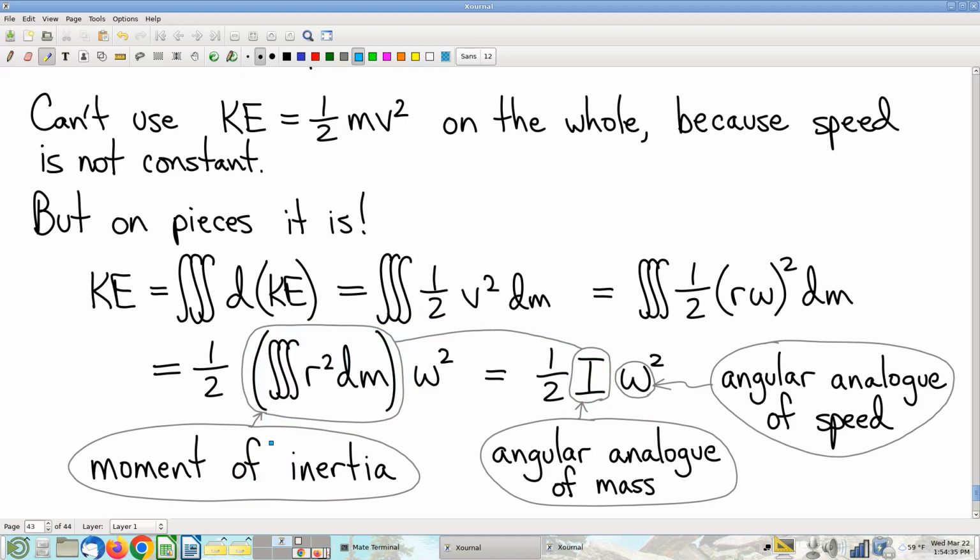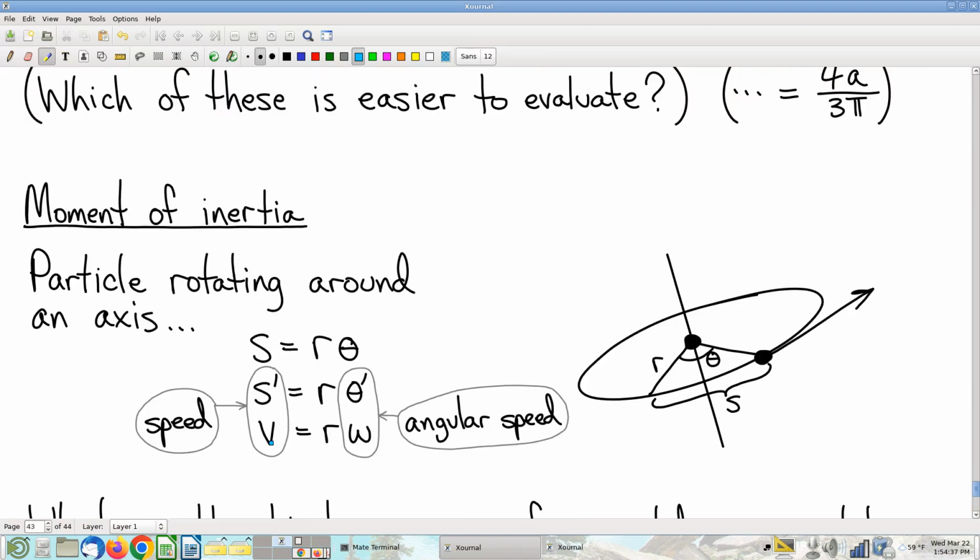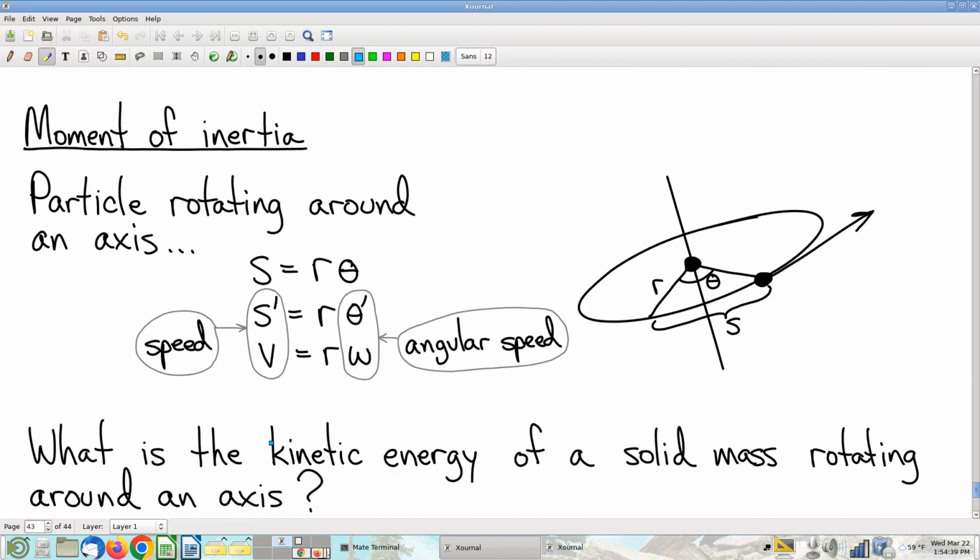Okay, now bad news. Going back to our picture here, notice R is the distance from whatever point you're at that's rotating around, the distance to the line, the axis that you're rotating around.